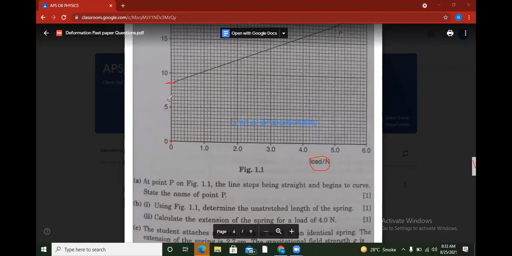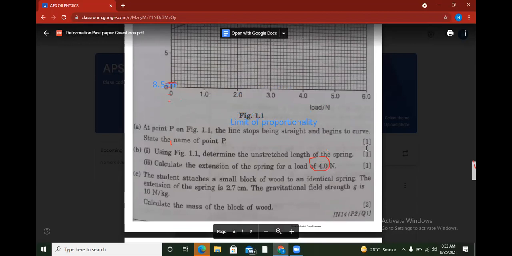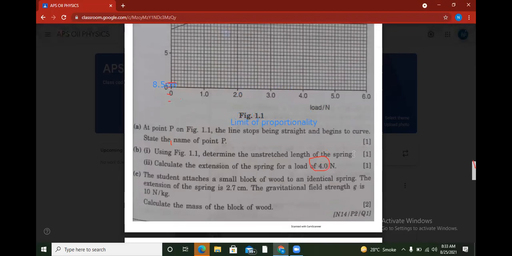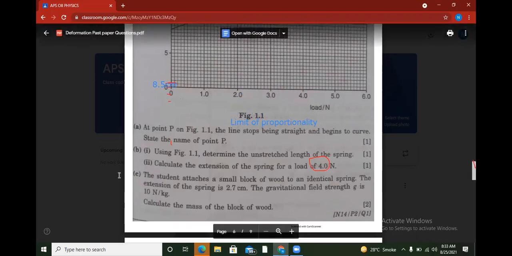So after 6, that is 7, then we have 8, 8.5. Yes, we will get 8.5 here. Answer is 8.5 centimeters. Okay. So answer of part B part A, we have done.